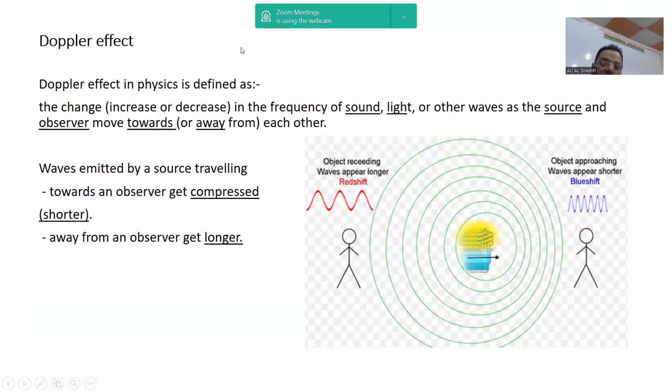At the last of this lecture, let's talk about the Doppler effect before talking about the Doppler scanning device. What is the Doppler effect in physics? After that, we will link it with your medical field.